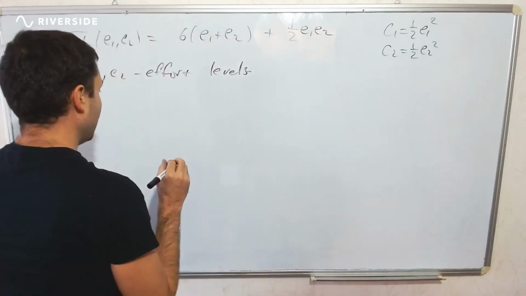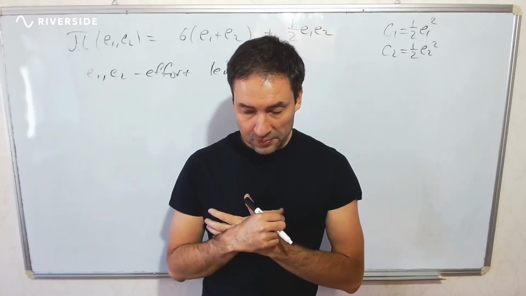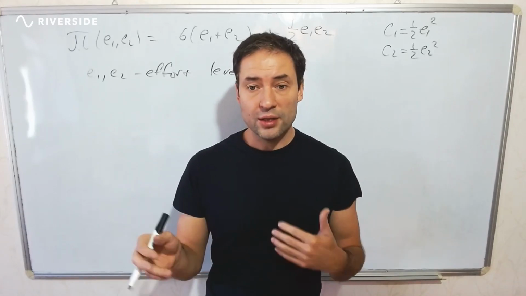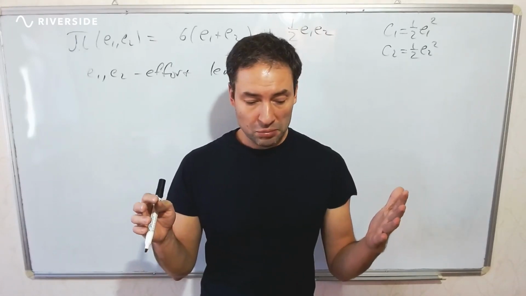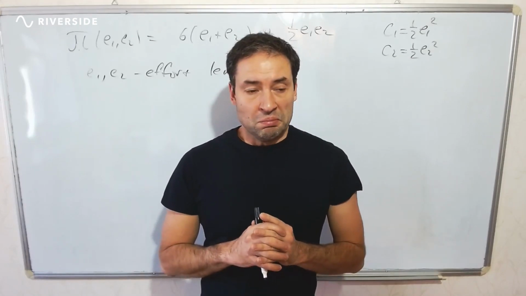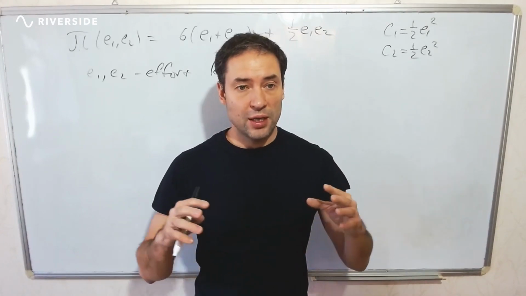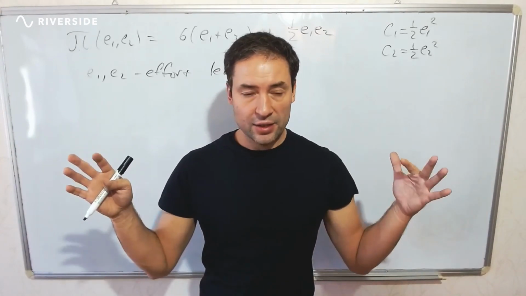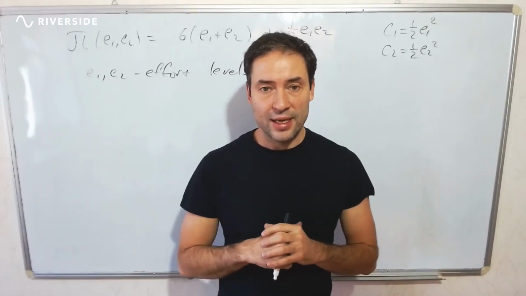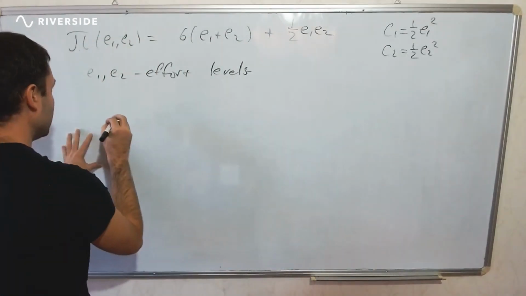We will start by solving for the optimal effort levels when both agents work together, so they don't try to free ride on each other or anything like that. They will be finding optimal effort levels when both agents act in their joint interests, to maximize the payoff that they take home. So how can we solve this?